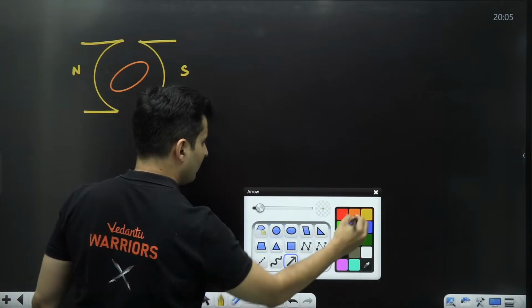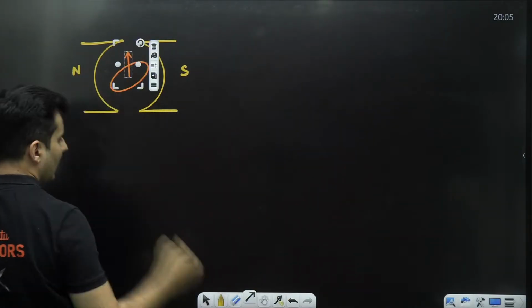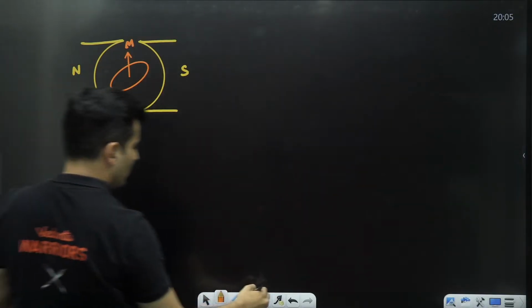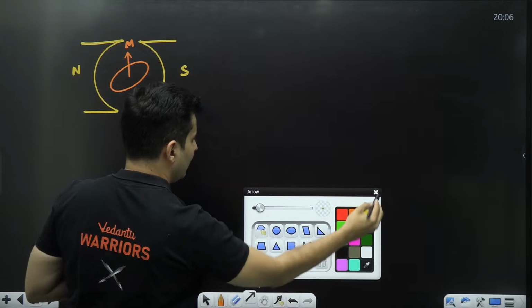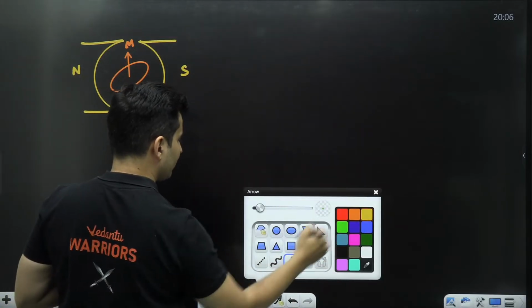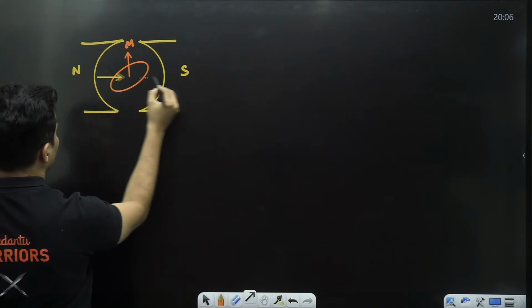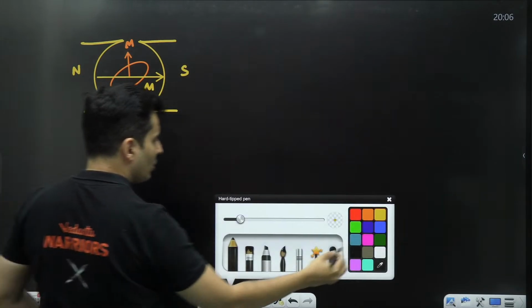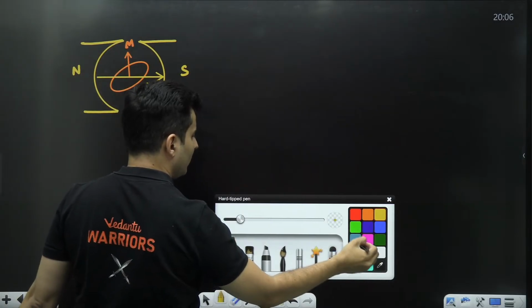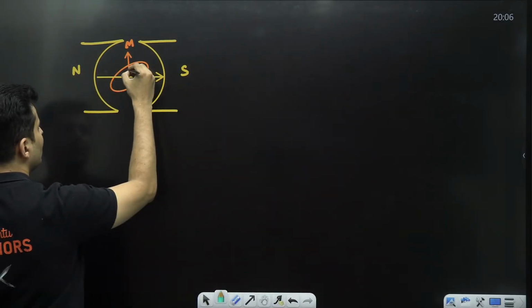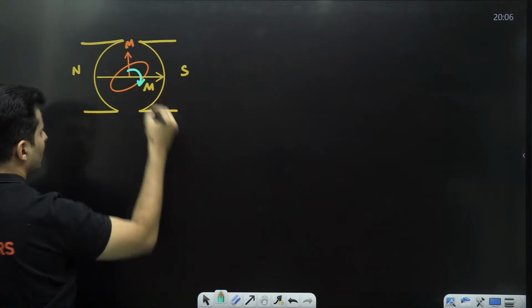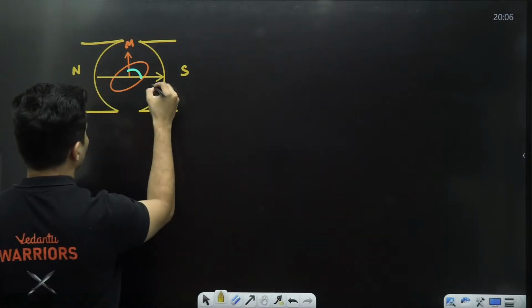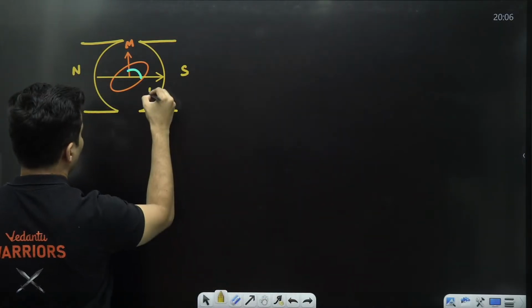This coil will generate its own magnetic moment, M, and there is obviously some magnetic field, of course, over here. Sorry, this is not M, this is B, the magnetic field.